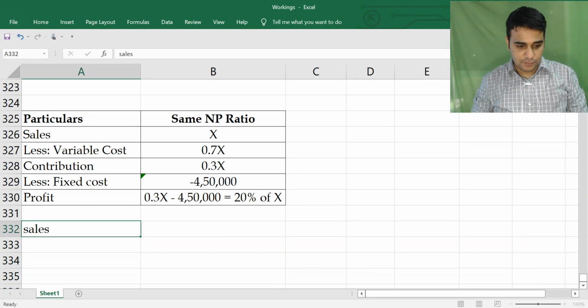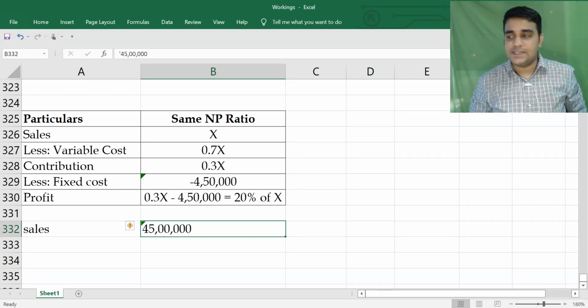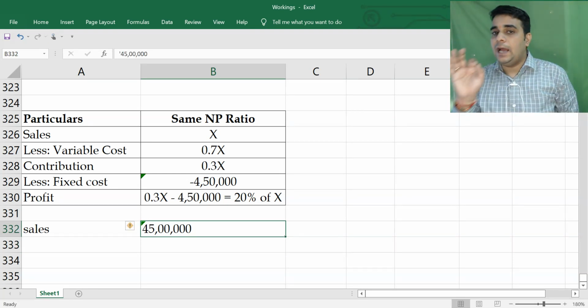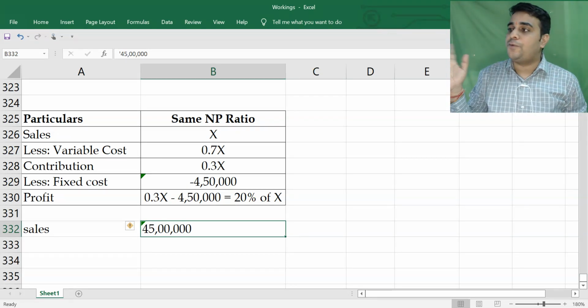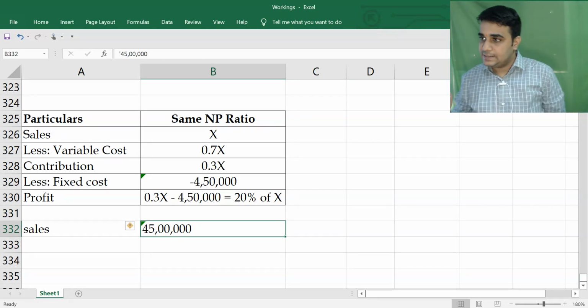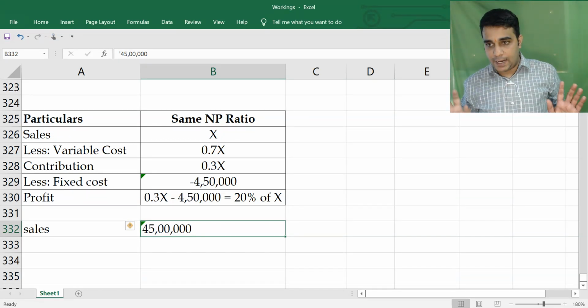Sales is equal to 45 lakhs. So if I do sales of 45 lakh rupees, I'll be able to maintain the same net profit margin. We did sales of 40 lakh 50, so we could not maintain the same NP margin. They wanted us to maintain the same net profit margin.